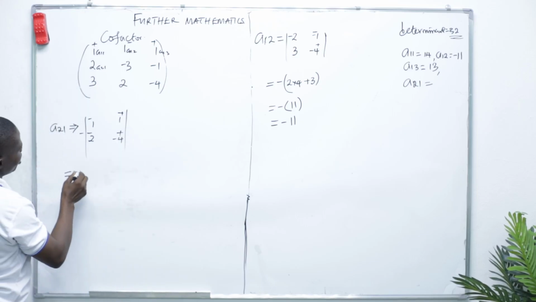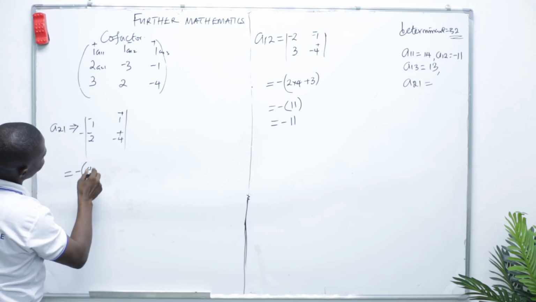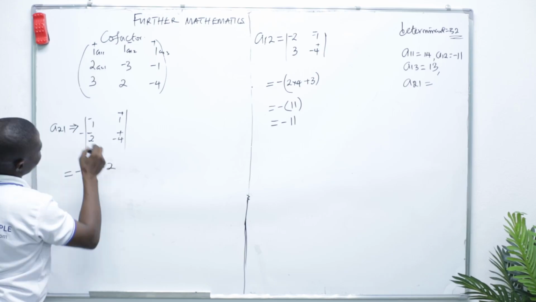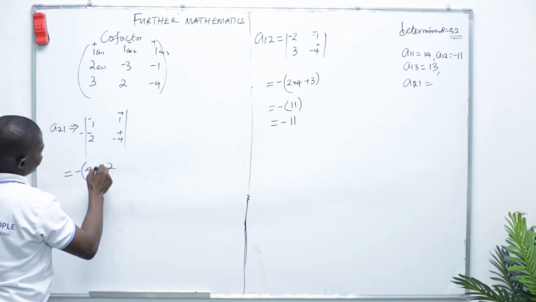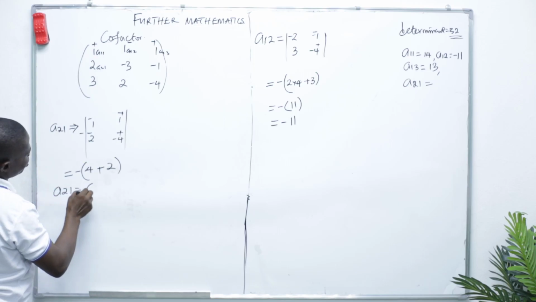This will give me minus 4 minus 2. Okay, minus, that's plus 2. A21 equals 6.